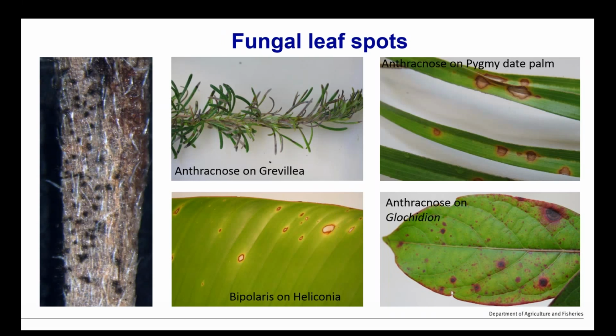Some of the fairly typical symptoms you may see are ringed spots. Sometimes they will have a red margin or a yellow margin. The red margin is associated with anthocyanin pigmentation, and we'll talk about that anthocyanin production in a moment.